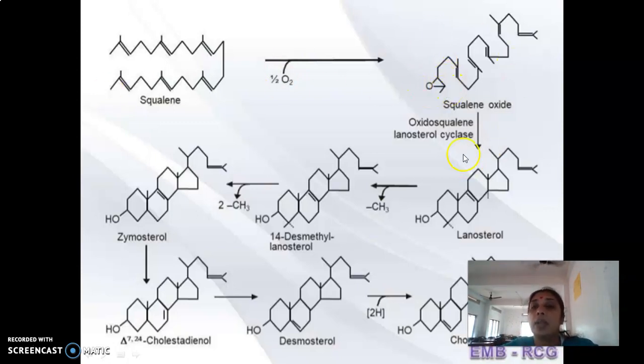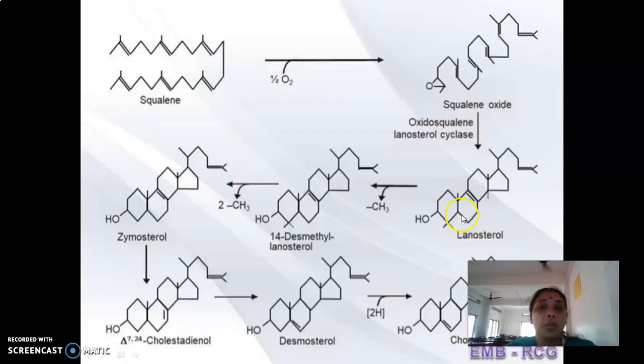And after this, what happens once the cyclization happens? See, it is a crude form of, or almost the structure of cholesterol, but it is not exactly the structure of cholesterol. Of course the third position OH is present and the side chains are all there, right? But the structure is incomplete. You have to shift the double bond.